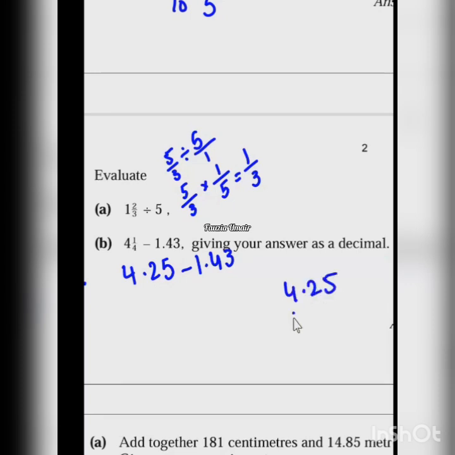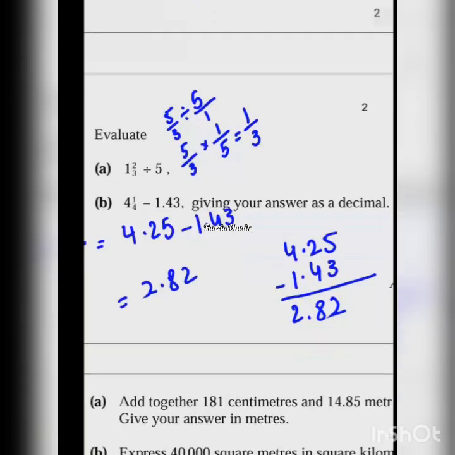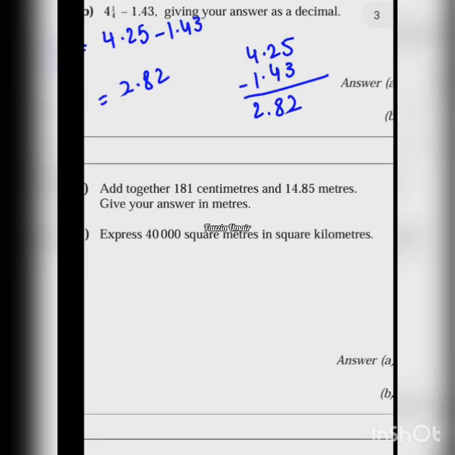We know the rule, the decimal should be under the decimal, and just do the operation. So this is your answer, 2.82. Yes.